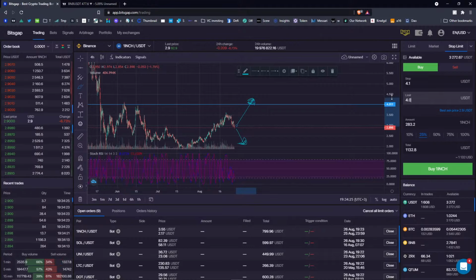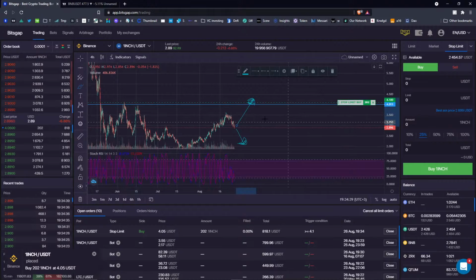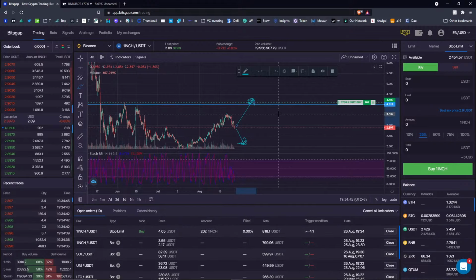Well, you can place it at 4.05 or something. That way it will plot this order on the chart, and once the price reaches it, it will trigger it, and you will buy this amount of 1inch, and it will be added to your portfolio.